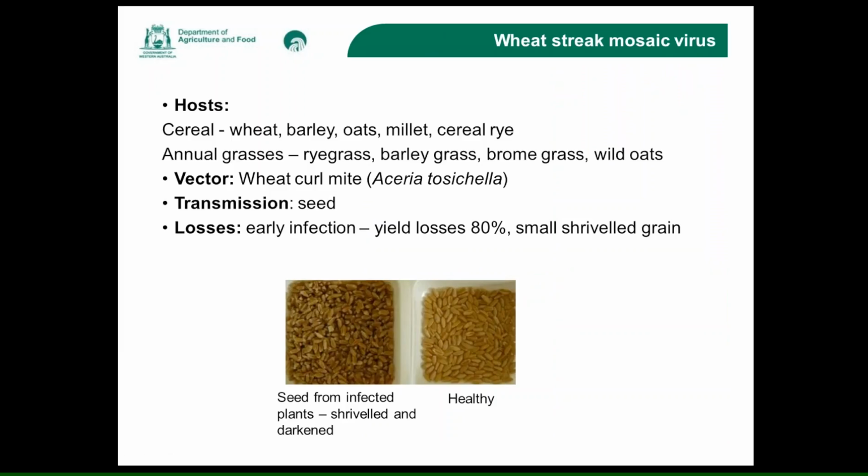So the vector is the wheat curl mite, as we've mentioned before, and it is transmitted by seed as well. Early infection, we have 80% yield losses, and that yield loss is mostly due to the grain being quite shrivelled, as well as fewer grains being produced. And the shrivelled grain is often quite dark as well, and quite a lot smaller than the healthy grain as well.